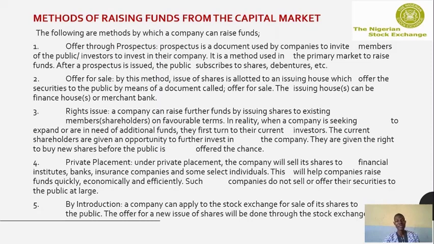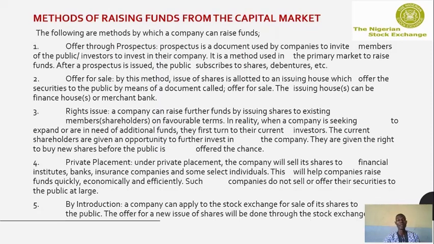B, the secondary market. The answer will be the primary market. After a prospectus is issued, the public subscribes to shares or to debentures. So the first one, offer through prospectus, we mentioned that the prospectus is used to invite members of the public or investors to invest in a company.